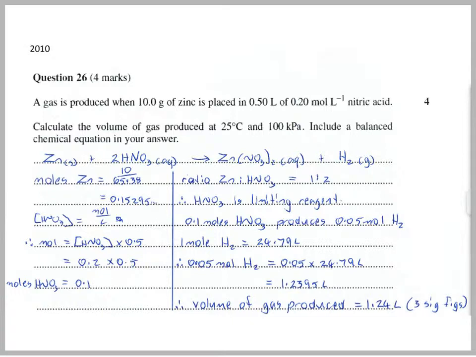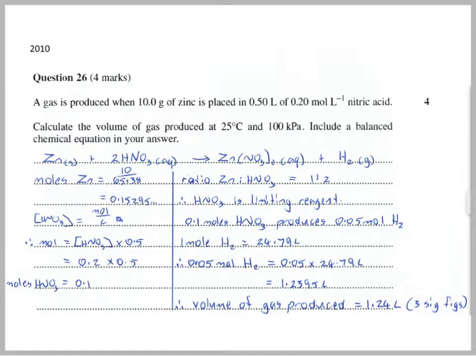Now, the ratio of zinc to nitric acid is 1 to 2. So nitric acid is the limiting reagent, because I've got 0.1 moles of this and 0.15 moles of that.